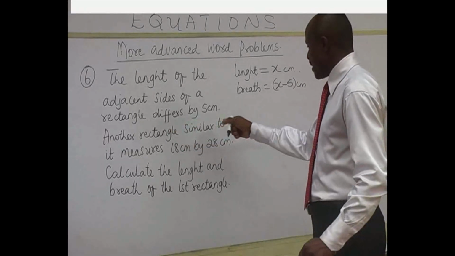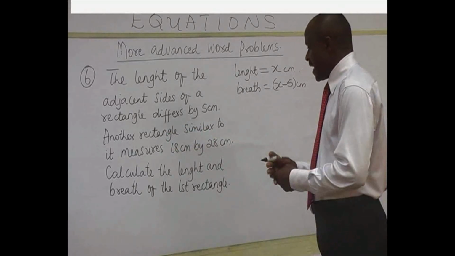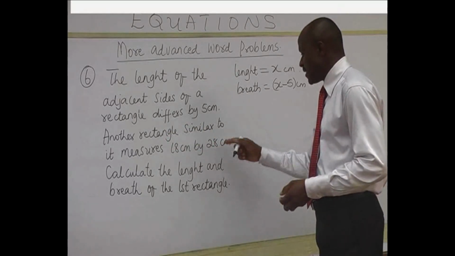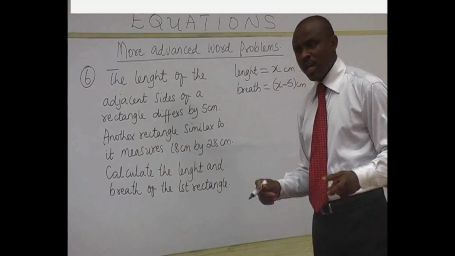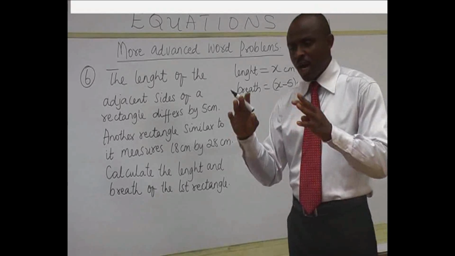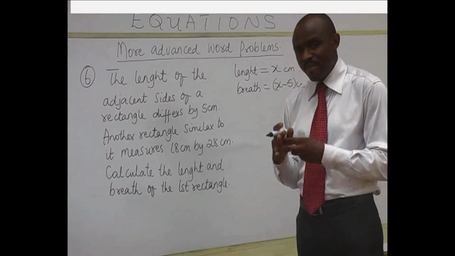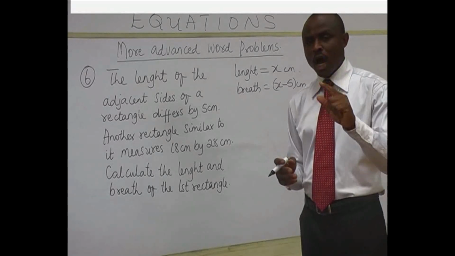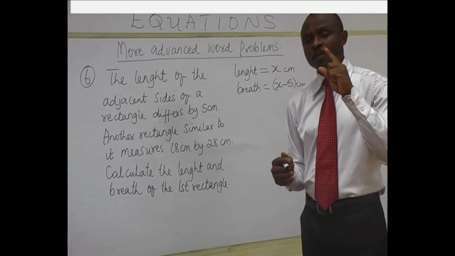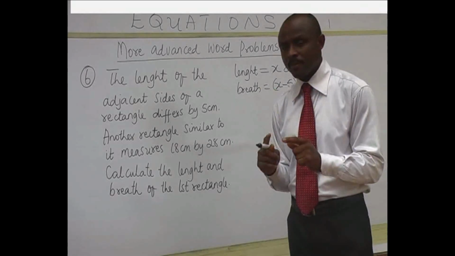Another rectangle similar to it measures 18 cm by 28 cm. As I told you, the only principle that is very common in similarity of shapes or figures is the law of ratio, which is obtained by division.